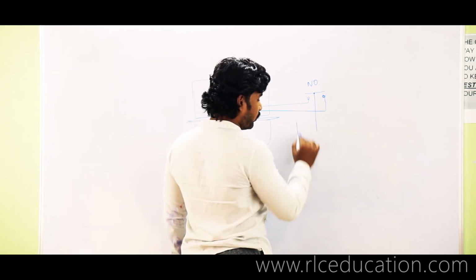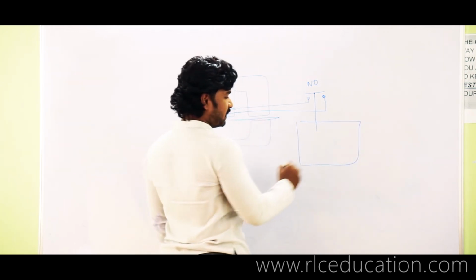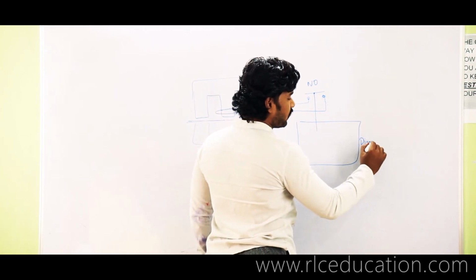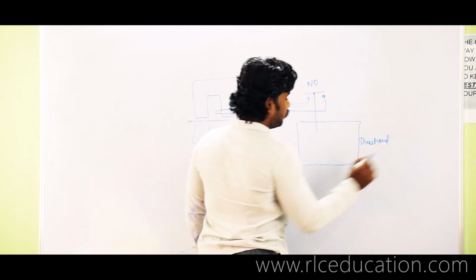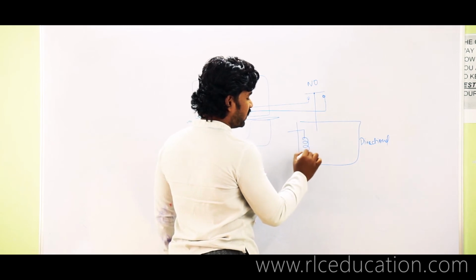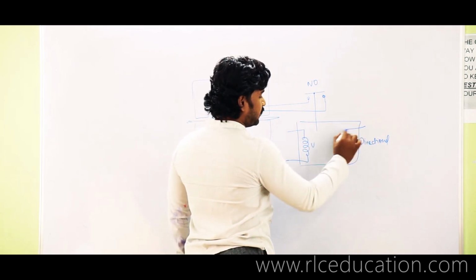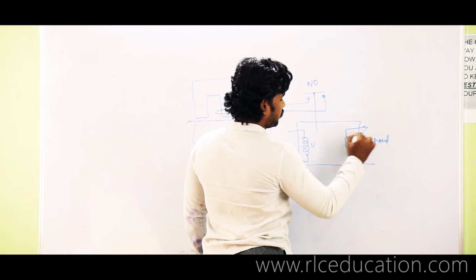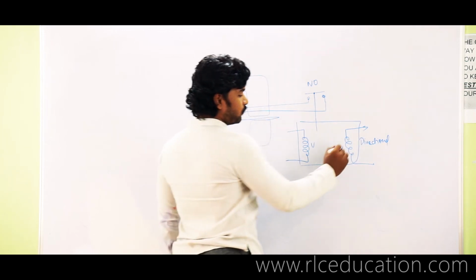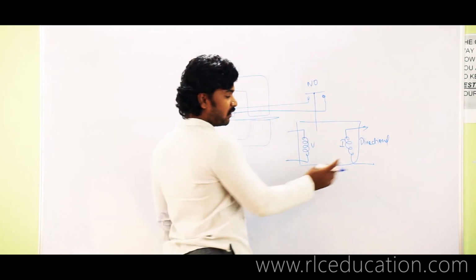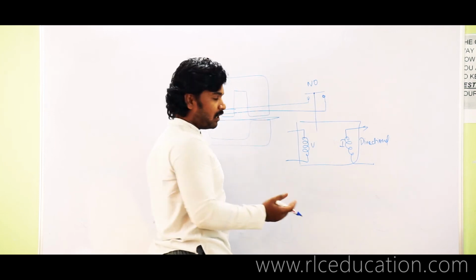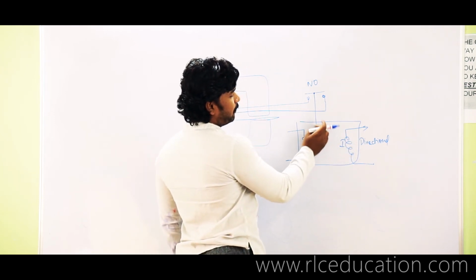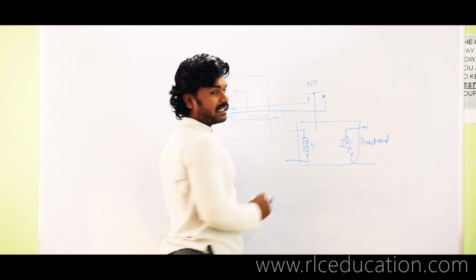So I have another unit called the directional unit. To the directional unit, I give voltage input as well as current input. As long as the current direction is normal, the torque produced is negative, which means this contact does not operate.